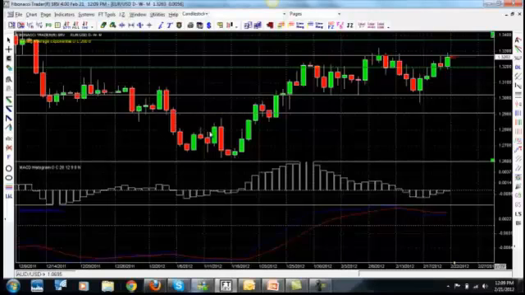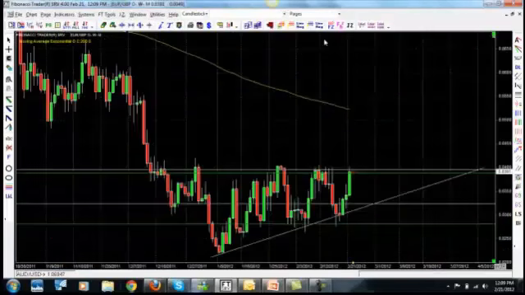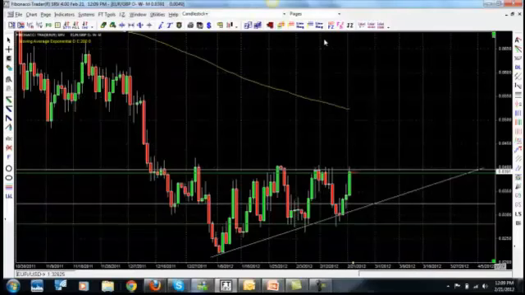It looks difficult, but it's actually very predictable. I want to go to a currency pair that we've been trading a lot for the last couple of weeks. We've had 7, 8 profitable trades of this pair, and this is the euro against the yen.